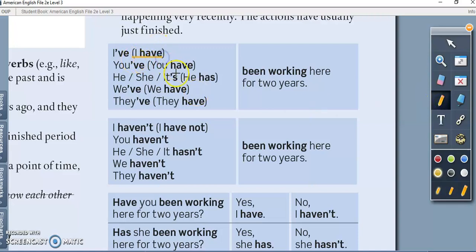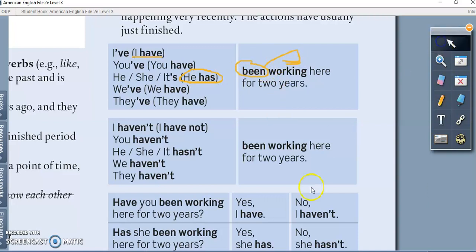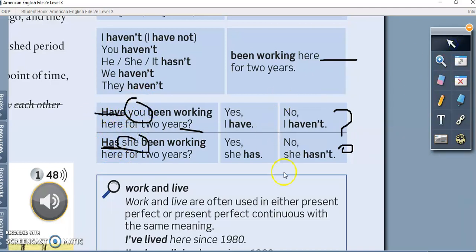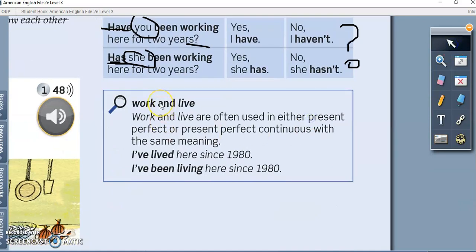We're going to use have or has, been, and then the verb in ing, for affirmative sentences, for negative sentences, and this is for questions. Have you been working? Has she been working? Remember that we're going to use have or has depending on the person.